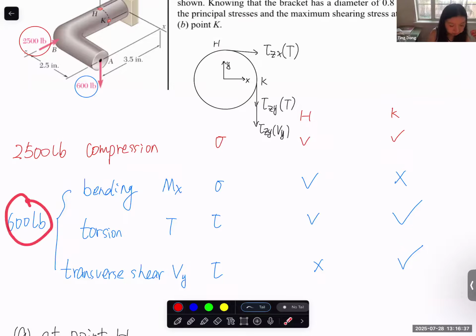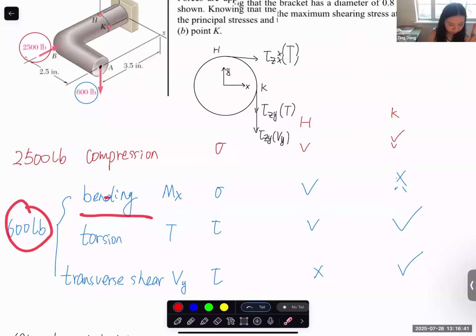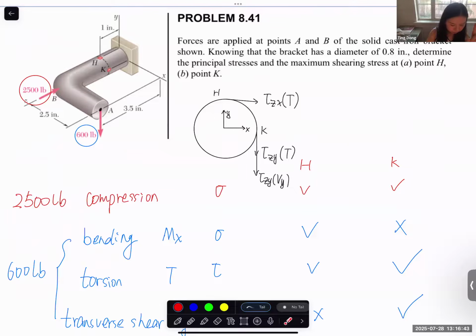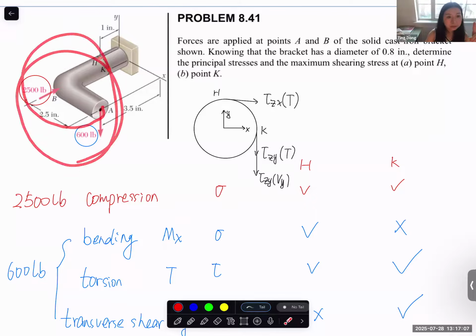Beautiful. The 600 can generate bending about the x-axis. You just imagine that it's equivalent to having a force applied here, and now this is the moment arm. So it's bending about the x-axis, and of course, it will generate a torsion, right?